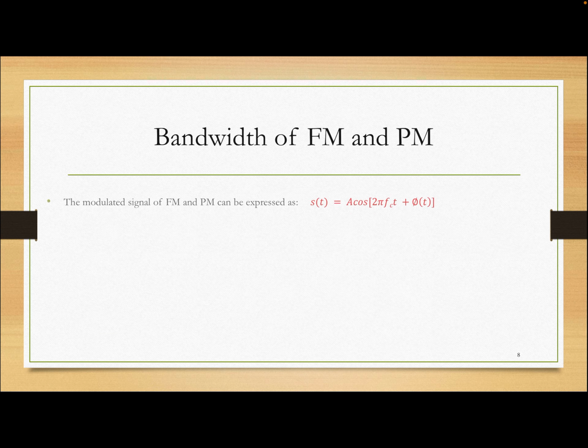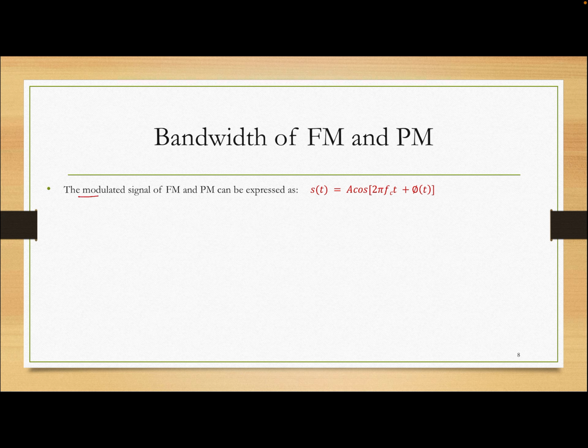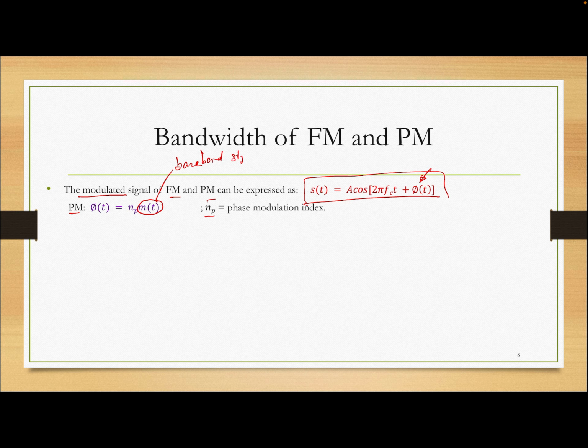Bandwidth of FM and PM. The modulated signal that I have mentioned, for FM and PM, can be expressed like this. So they are the same. The difference is that phi t is different. For PM, phi t is just the constant phase modulation index multiplied by the baseband signal, m t.